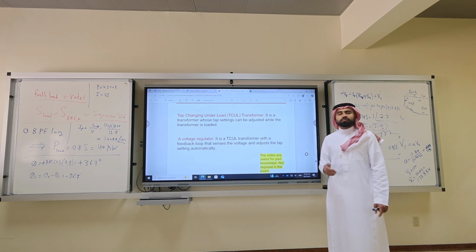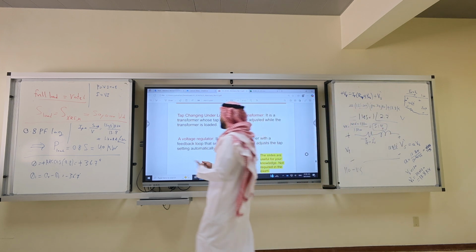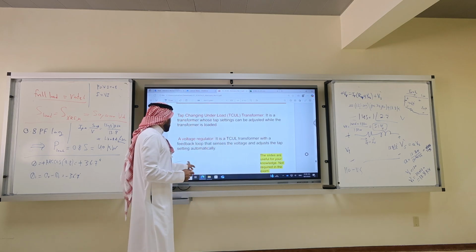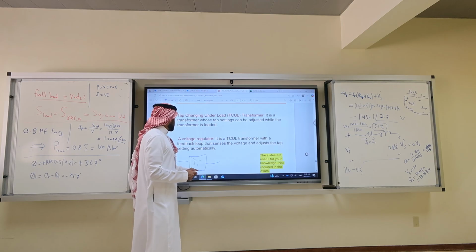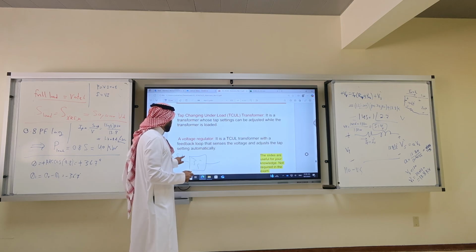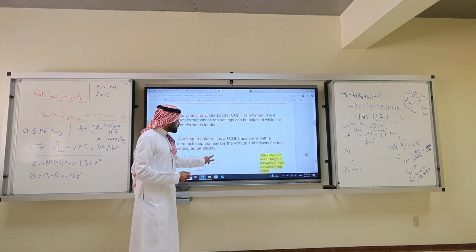One of the benefits of the voltage regulators used in real life, or the term regulator, is usually you have here, for example, 0.9 per unit. Your voltage regulator will make the secondary 1 per unit.